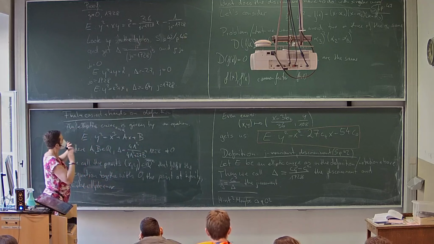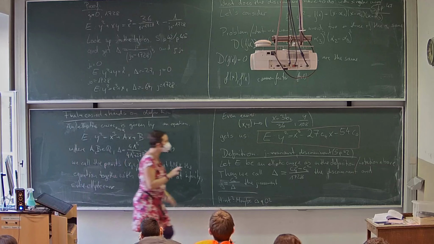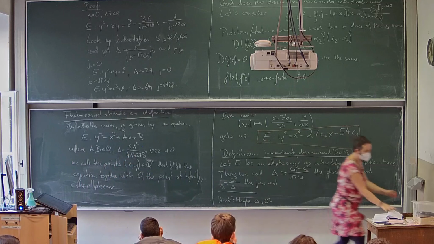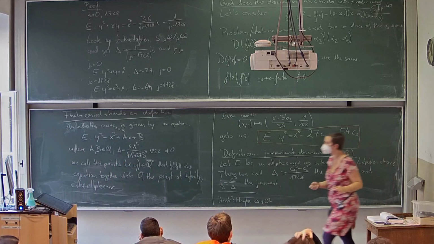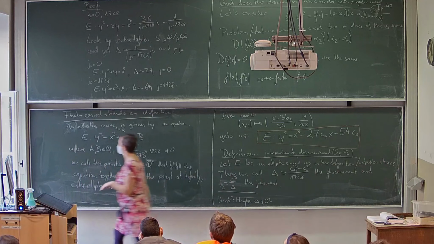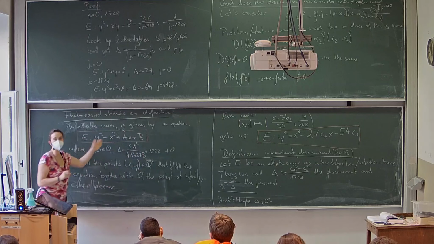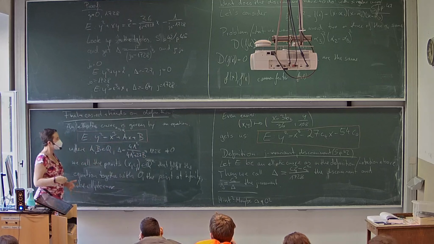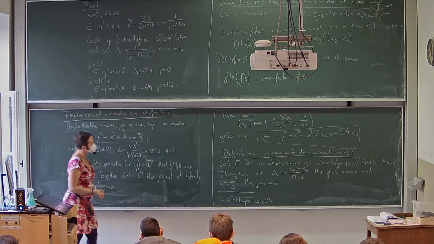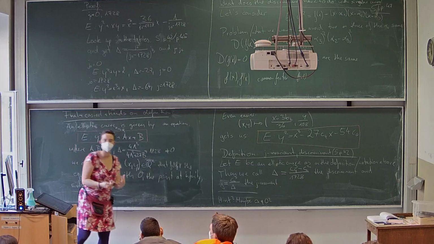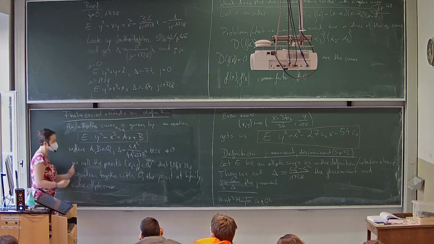So there are now different kinds of how we use this wording. Sometimes we say an elliptic curve is an equation like this, but what we want to work with are the points on the curve.